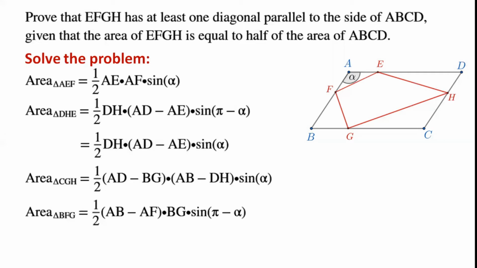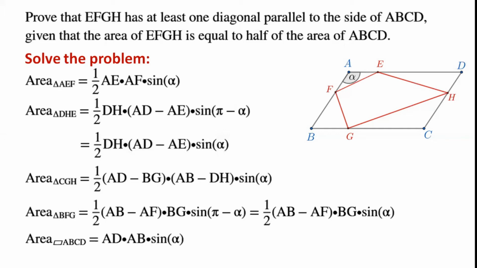Area of triangle BFG equals half times (AB minus AF) times BG times sine (pi minus alpha). Sine (pi minus alpha) equals sine alpha. Area of parallelogram ABCD equals AD times AB times sine alpha.